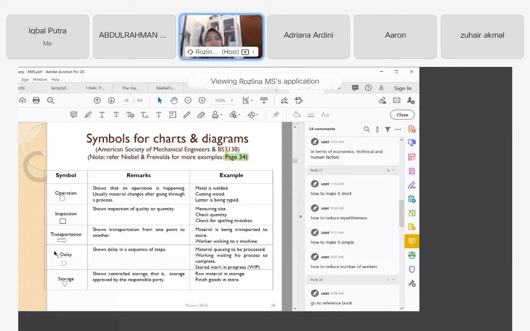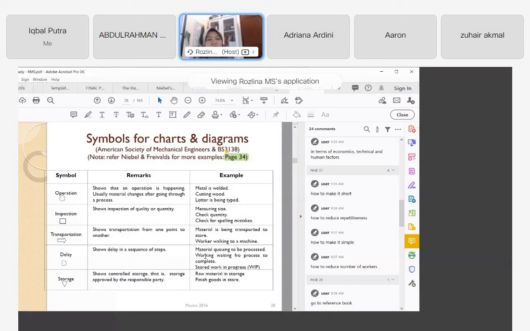Then we have the transportation symbol, an arrow. It shows transportation from one point to another. Let's say when material is being transported to store, or a worker is walking to a machine. So that is transportation.